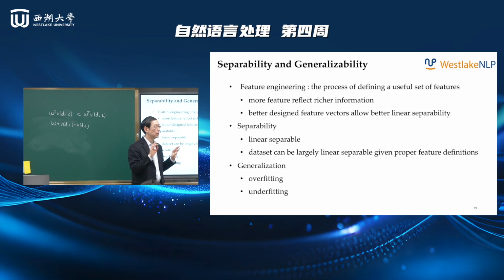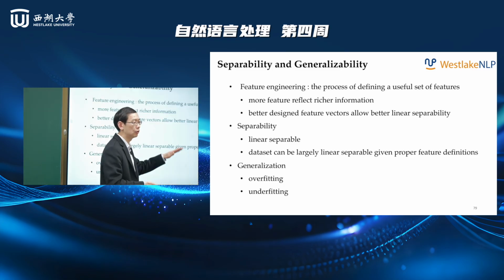If you increase your features, if you increase the dimensionalities, you can find a hyperplane to separate your training data. Your training data can be perfectly separated. This is called separability or model fitting. If your representation on the left-hand side is expressive, then you can build a powerful model to fit your training data.